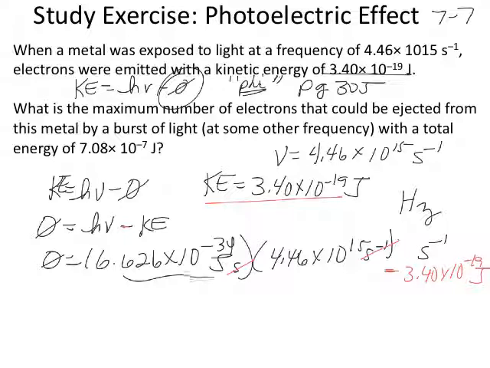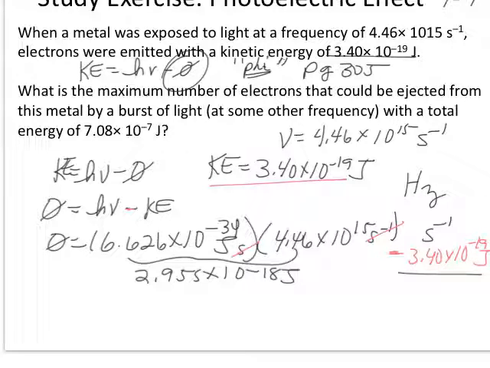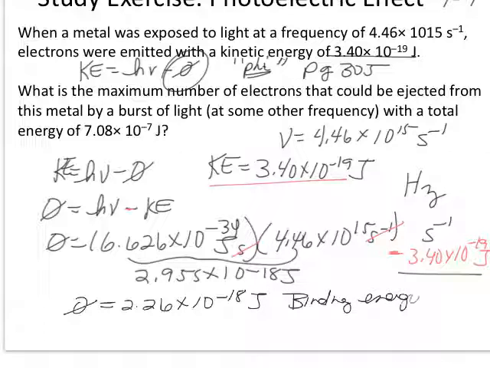So if you multiply this together, you're going to get 2.955 times 10 to the negative 18 joules, and you subtract the 3.40 times 10 to the negative 19 joules, and you should get phi as 2.62 times 10 to the negative 18 joules. Now what is this? This is the amount of binding energy of your emitted electron or your electrons.